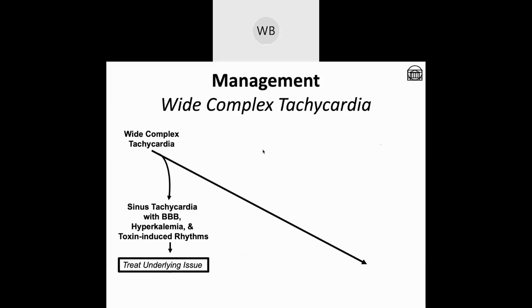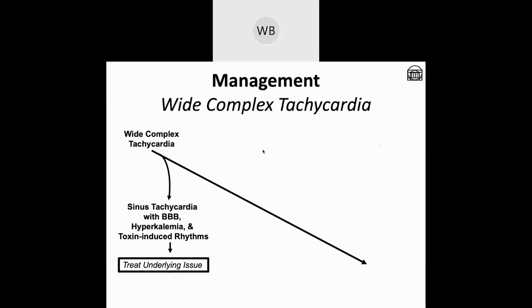First decision you need to make in terms of diagnosis, which has direct implications on the most appropriate treatment, is could this be sinus tachycardia with pre-existing bundle branch block pattern? In fact, that's the most common wide complex tachycardia we see in emergency care today in the United States.